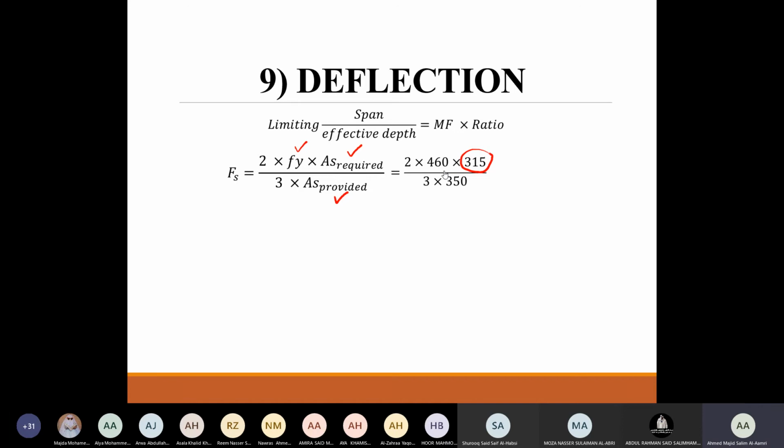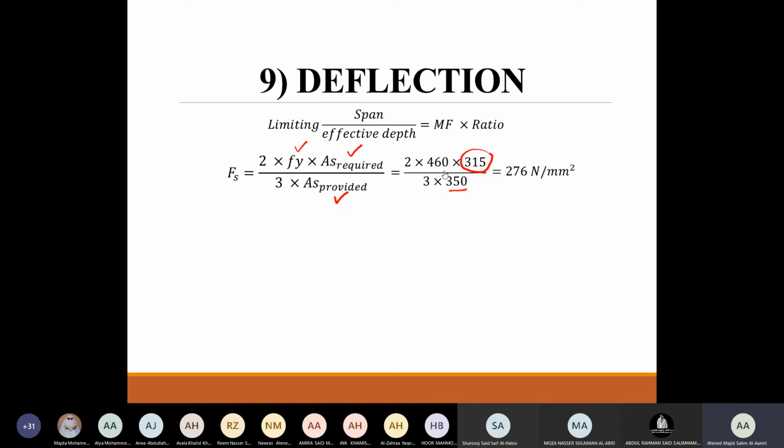The provided value that I have used is 350. So my fs value is going to be 276 Newton per millimeter square. Okay, are we okay till now? So we have got our fs.